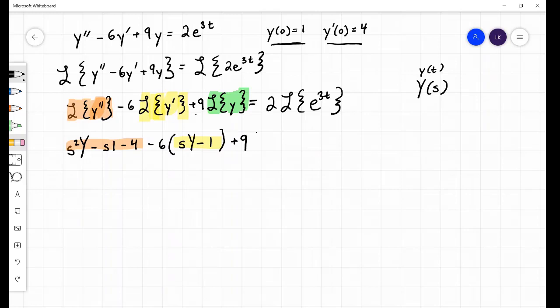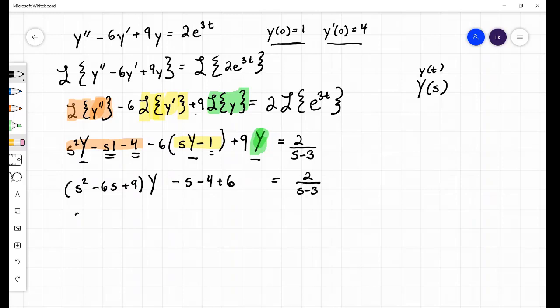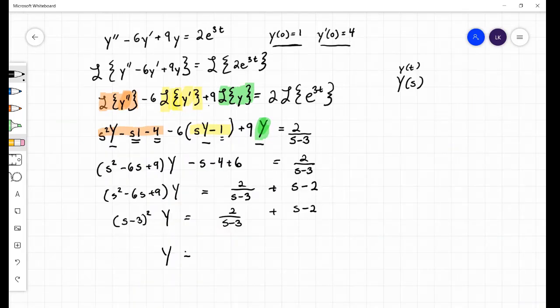So that's 1 over s minus 3. Now we're going to gather all the Y terms, and then gather all the non-Y terms. Our goal is to solve for Y as a function of s. Dividing both sides by s minus 3 squared, we have Y as a function of s.